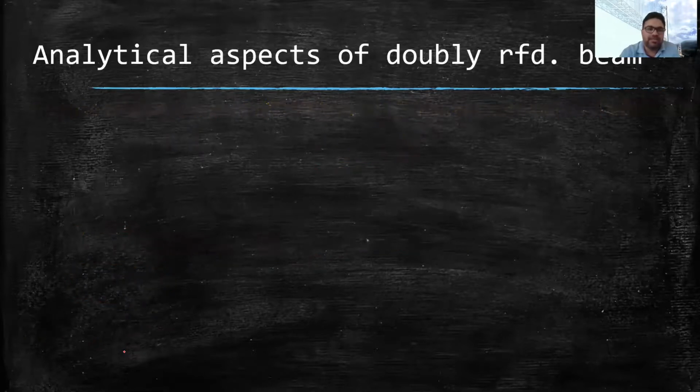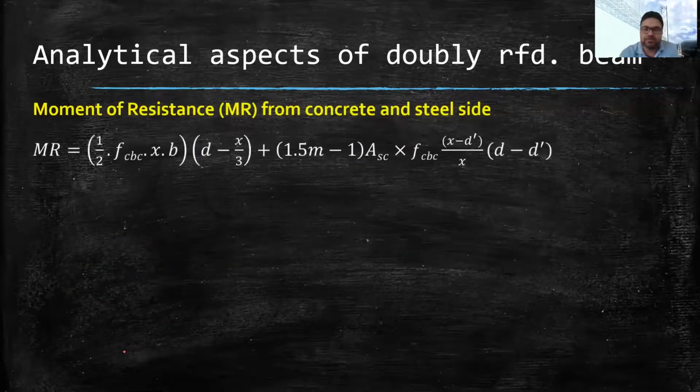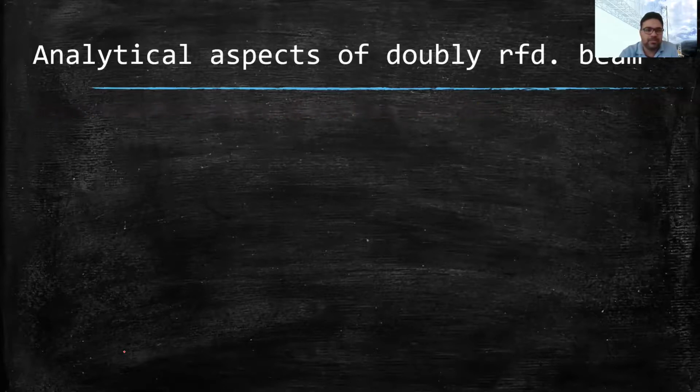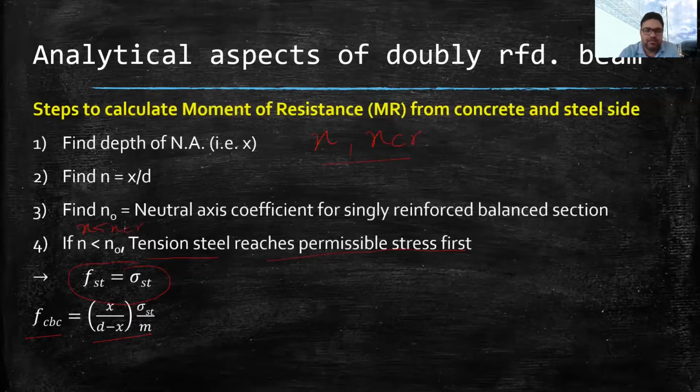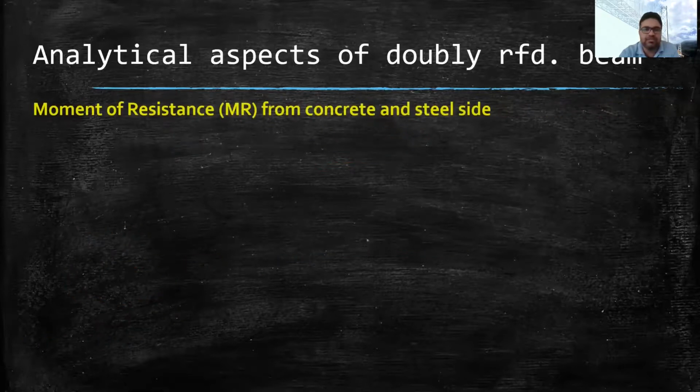Now in the next step, how do we find which formula we will use in this case? The formula that we will use in this case will be this one.